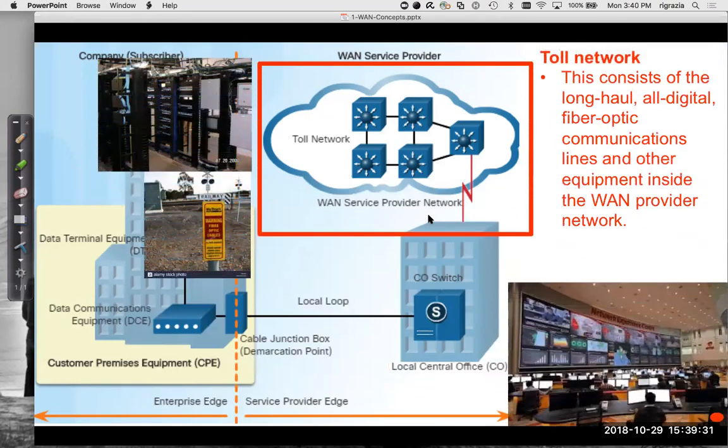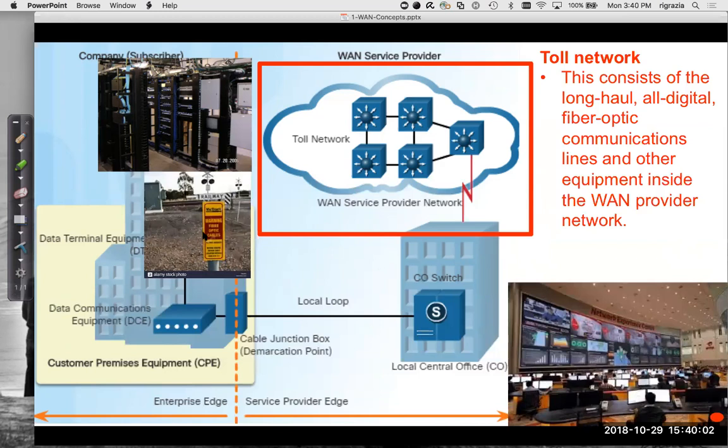And I'll talk more about what that looks like as far as the internet in a moment. Okay, so the toll network. In this case here, we're looking at the provider's network. This consists of a lot of different things. It consists of fiber optic and copper cabling, and wireless communications if need be. It consists of network operations centers, routers, switches, etc. Over in the lower right here, we have a network operations center.